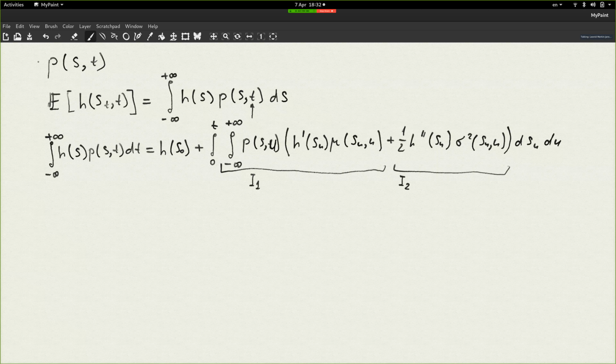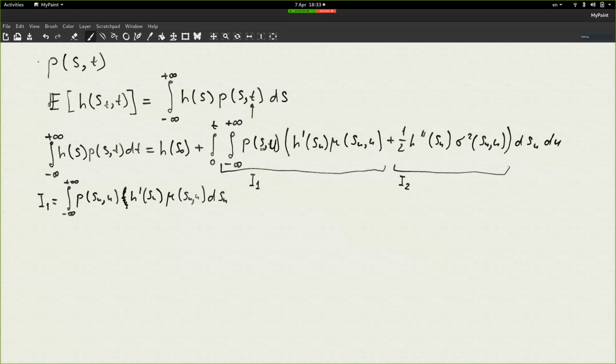So I1 is an integral from minus infinity to plus infinity, p of su at time u, h prime of su, mu of su, u dsu. We don't even need a bracket here.